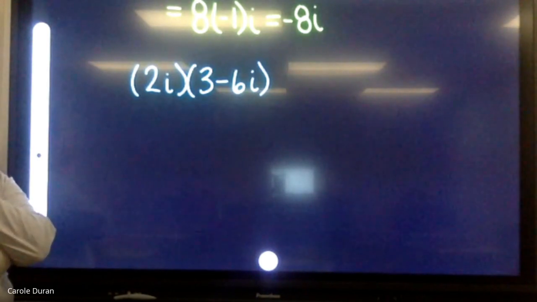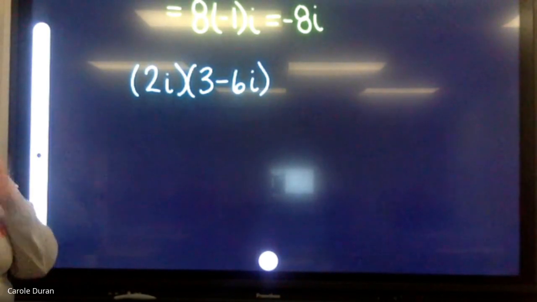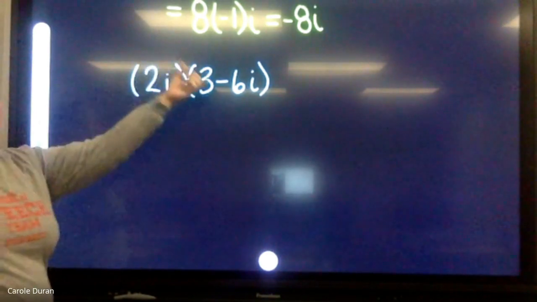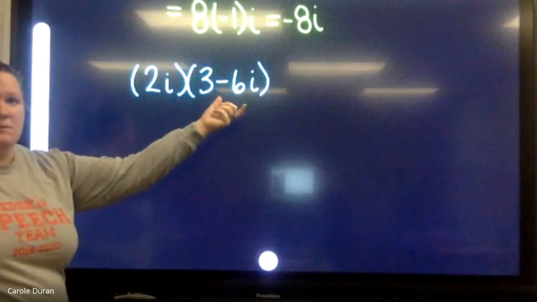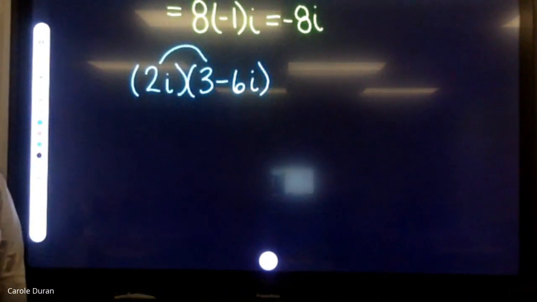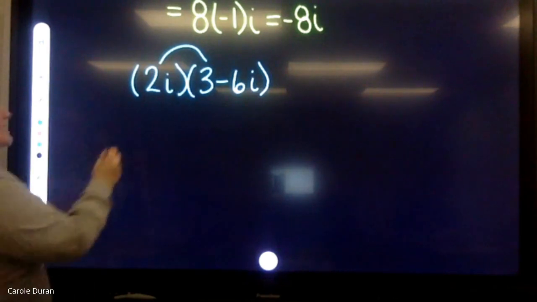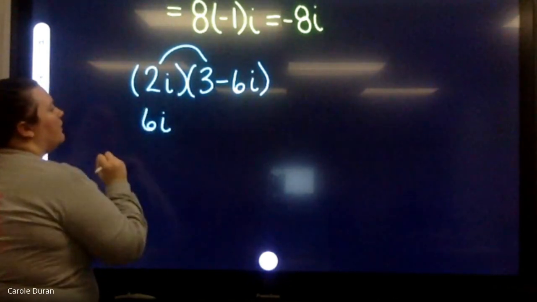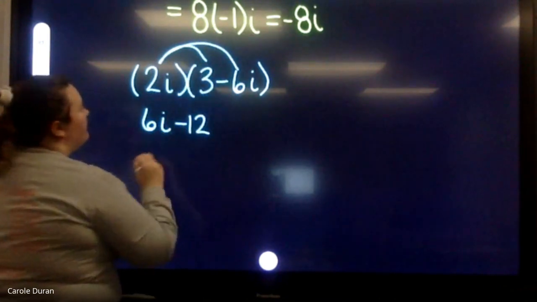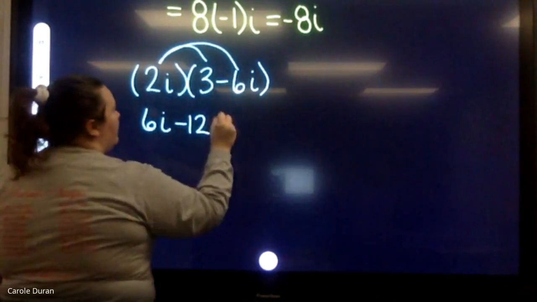So this one's a little bit different because I have subtraction happening in that second parentheses, which just means I'm going to take this 2i and distribute it to both of those terms. So I'm going to do 2i times 3 first. 2 times 3 makes 6, and then the i stays with it. And then I have 2 times a negative 6 makes negative 12, and i times i makes i squared.